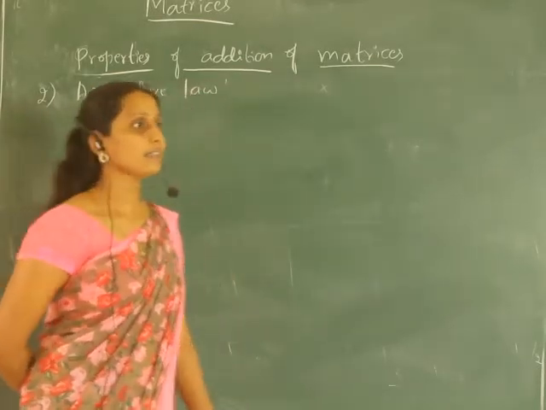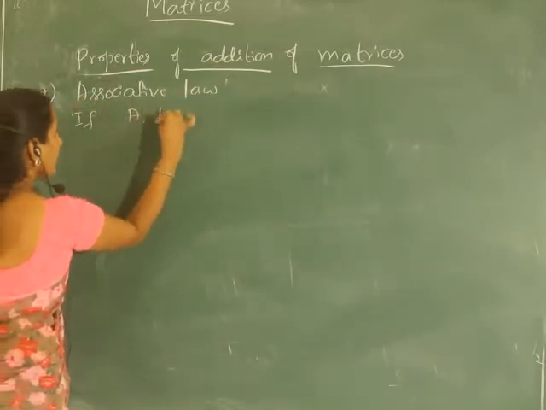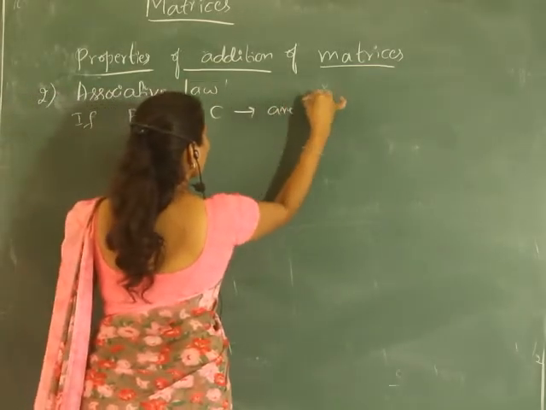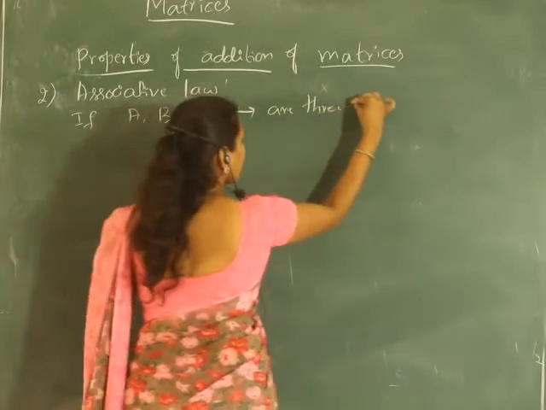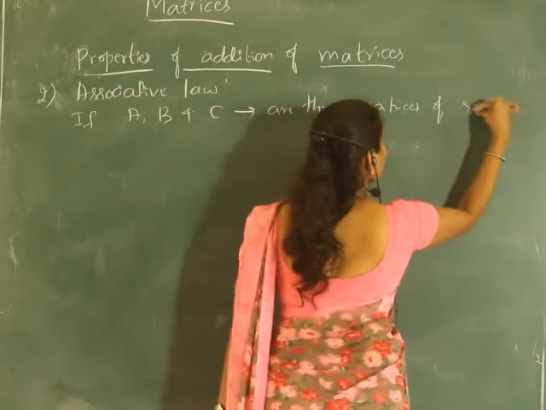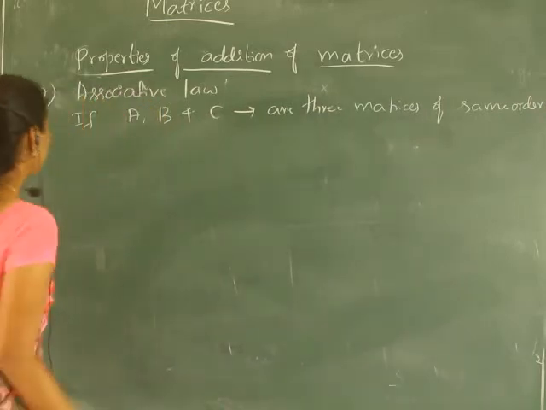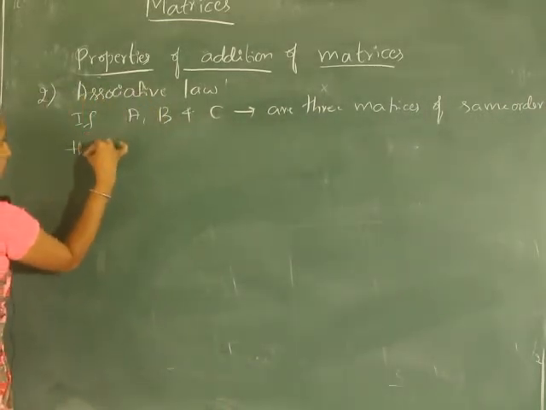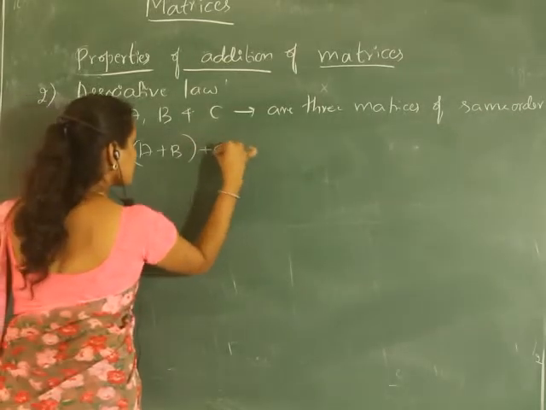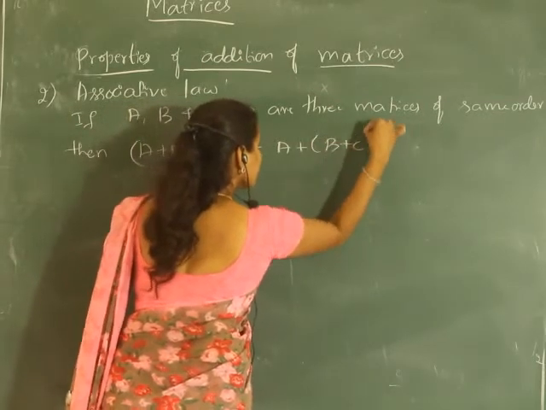If A, B and C are three matrices of the same order, then (A plus B) plus C is equal to A plus (B plus C).